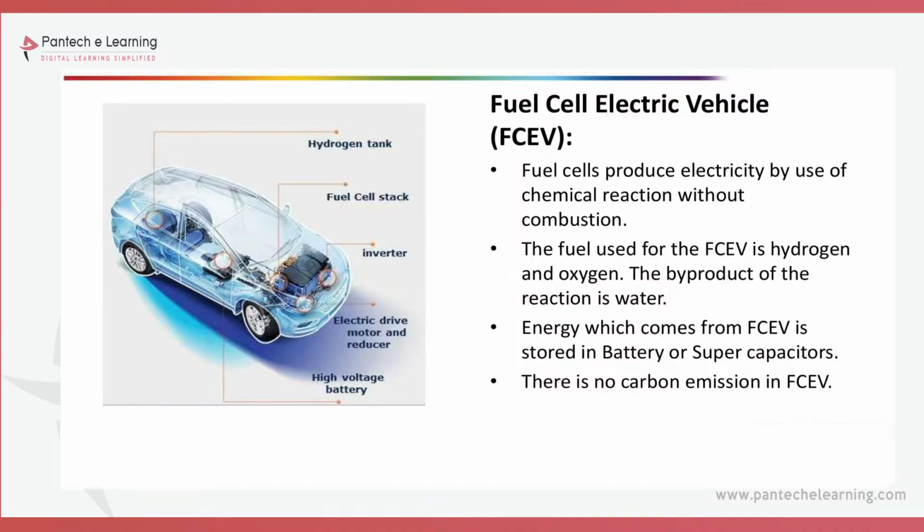Hydrogen and oxygen come from cylinders and are fed into the cell, where the chemical reaction occurs and water is created as a byproduct. It creates energy that is stored in the battery or supercapacitors, and at that time we can drive the vehicle.